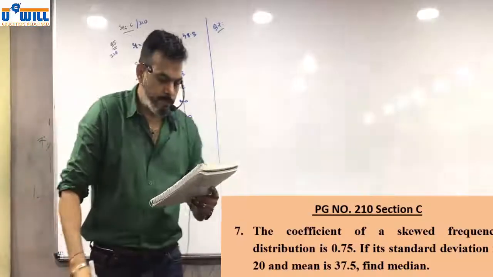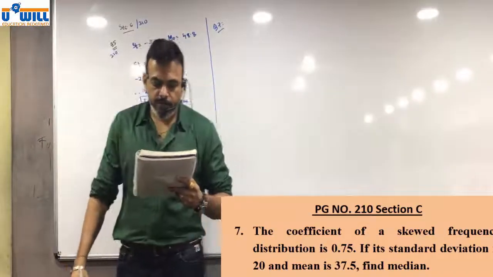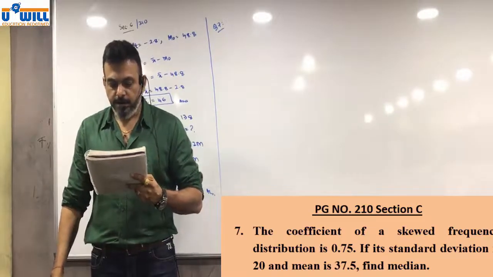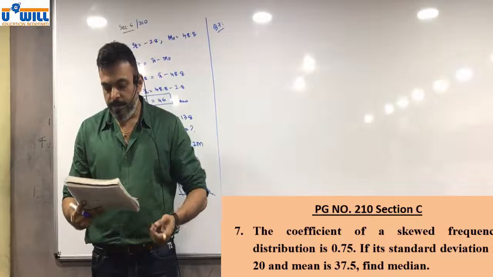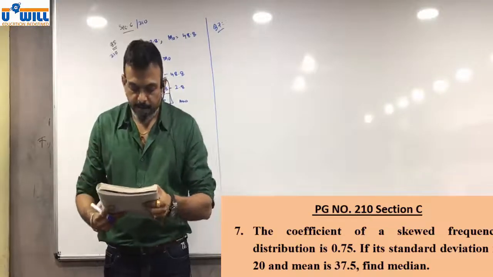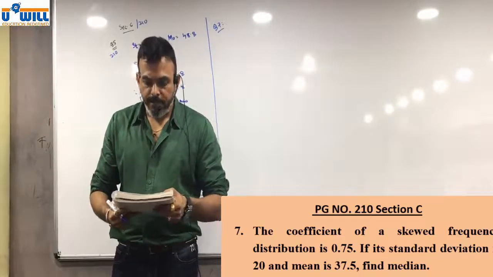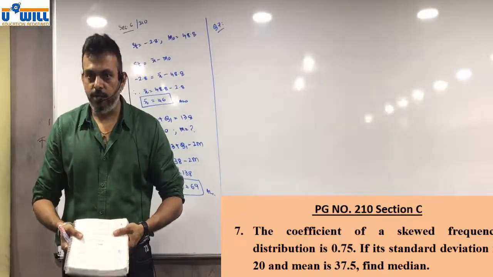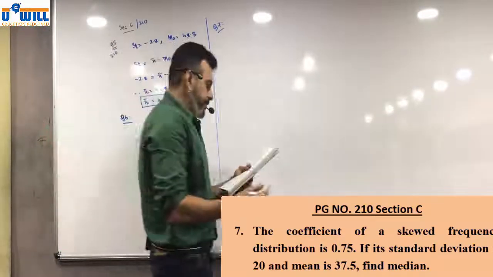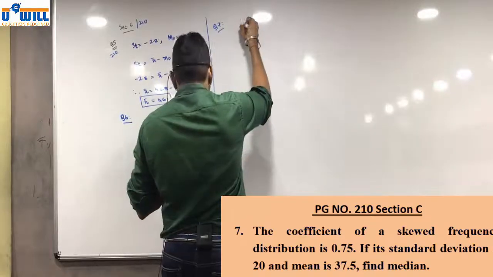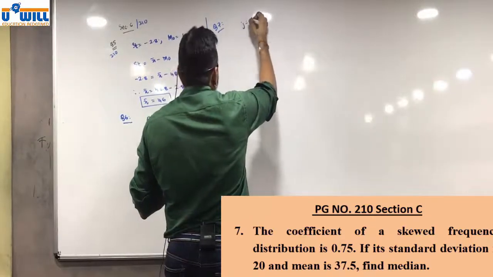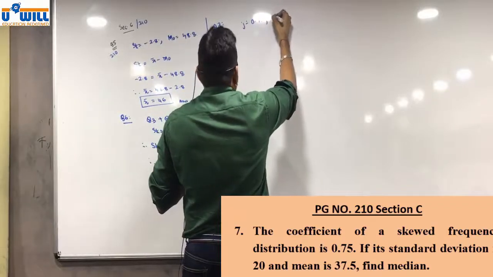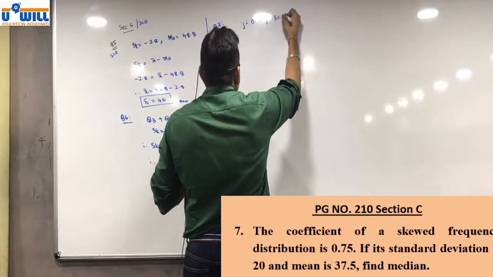Question 7. Coefficient of skewed frequency distribution is 0.75. If standard deviation is 20, mean is 37.5. We have to find the median. So which formula will we use? The median formula? Okay. J is equal to 0.75. Standard deviation is equal to 20.